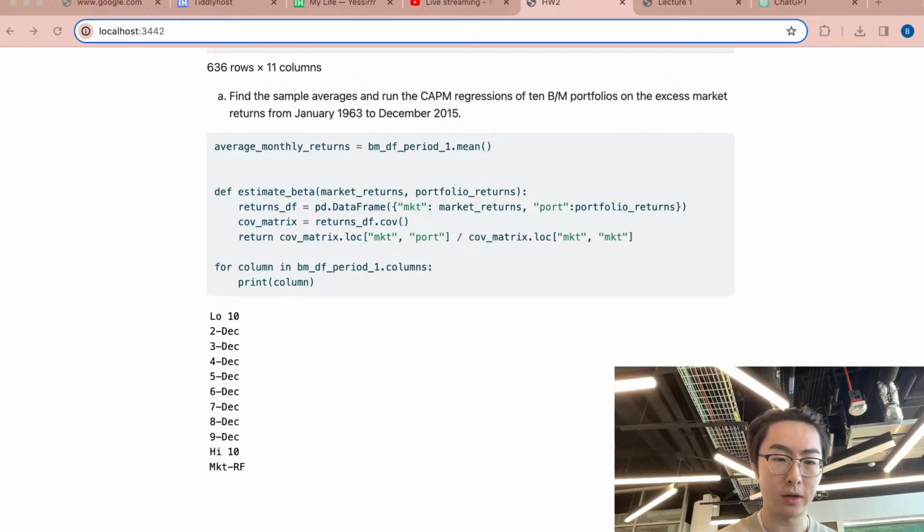So we can iterate through the columns. The problem now is that we also have this market risk free column, and we don't want to compute the beta for that. Actually, in that case, the beta should be 1, right? Because we can just do it. All right. So we estimate beta.